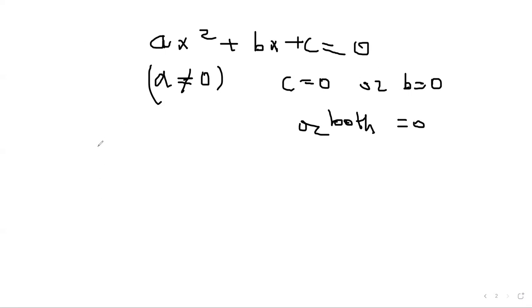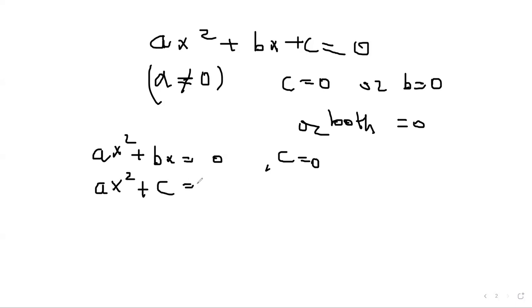For example, we can have such equations, ax squared plus bx equals 0 when c is 0. And we can have the equation like this, ax squared plus c equals 0 whenever b equals 0.